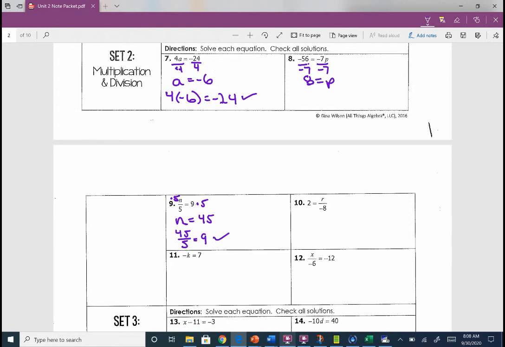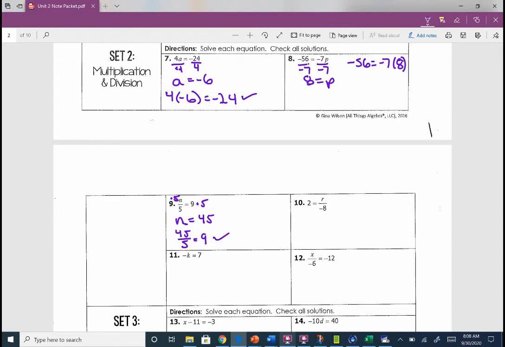We get +8. Now here's the part that some of us are kind of skipping out on. And I get it, if you run out of space going down in the box, there's space off to the side. I can do my check off to the side. And that's okay. If you run out of room working down in the box, because you write a little bigger, that's okay.